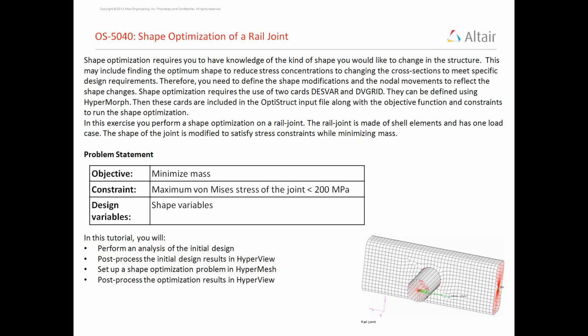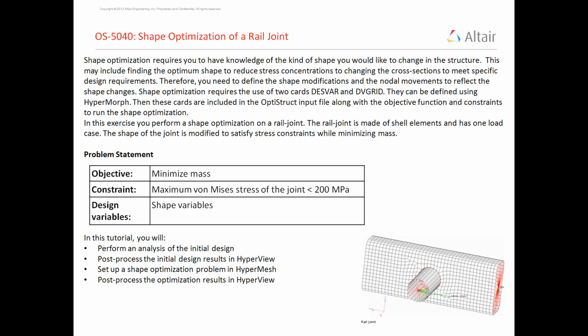This may include finding the optimum shape to reduce the stress concentration, or changing the cross section to meet specific design requirements. Therefore, you need to define the shape modifications and the nodal movement to reflect the shape changes. Shape optimization requires the use of two cards, that is DSVAR, that is design variable, and DVGRID, that is design variable grid. They can be defined using HyperMorph.